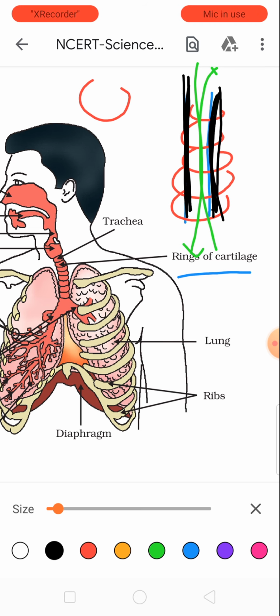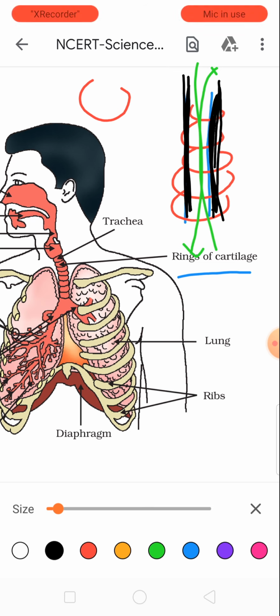Otherwise, if it remains closed, what will happen? The exchange will not take place and we may choke, and ultimately death may occur if this trachea gets closed. So for this reason we have cartilage. What is that? That is a soft bone. This cartilage helps to keep the trachea always open.